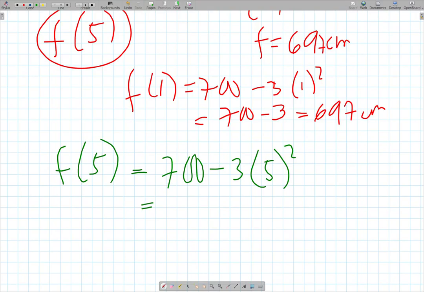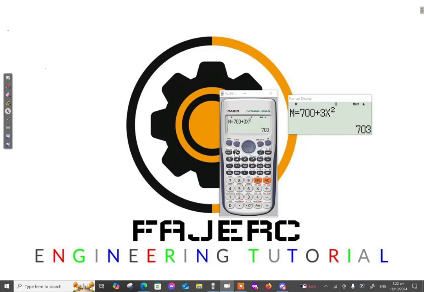Okay, so 700 minus, how much is 5 square? Pwede na natin i-diretso sa calculator yan. 3 then 5 square is 25. Diretso natin na sa calculator.